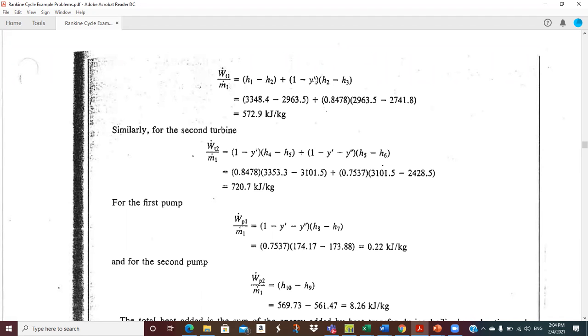Okay. And so then this is just plugging in our enthalpies, and it was 15 point something. So that's 1 minus 0.15, was it 22, I think. And so that first turbine is going to produce 572.9 kilojoules per kilogram. We can go up and look at the picture just to make sure.